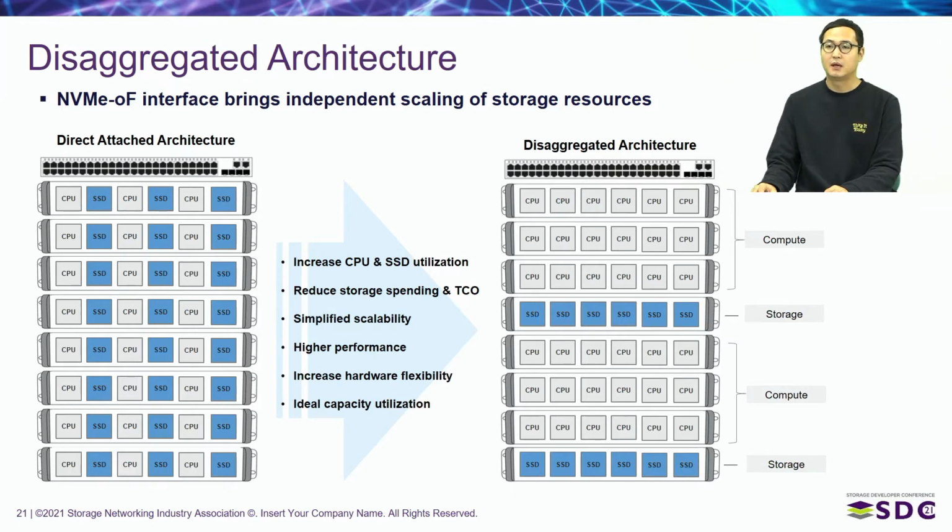However, by decoupling storage from compute, you can reduce the complexity and increase performance and efficiency of infrastructure. And the flexibility of infrastructure will increase. You can dynamically allocate compute and storage resources of a shared storage pool. NVMe Fabric is a standard network storage protocol to enable such a disaggregated storage pool.